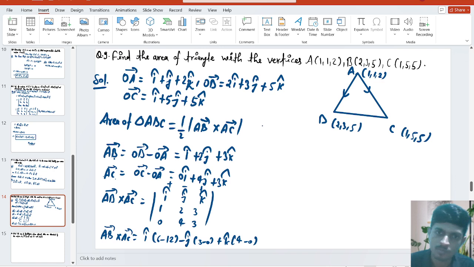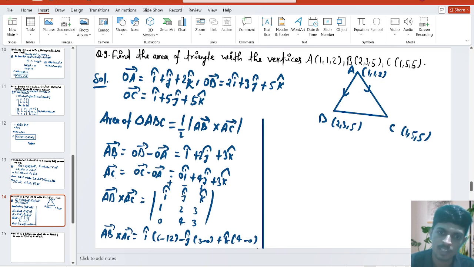Simplifying, AB cross AC is minus 6 i cap minus 3j cap plus 4k cap.